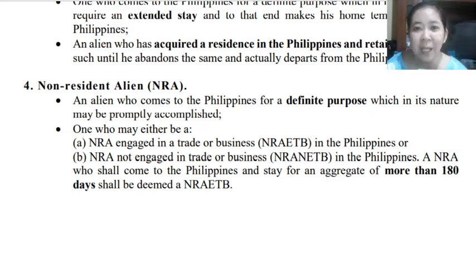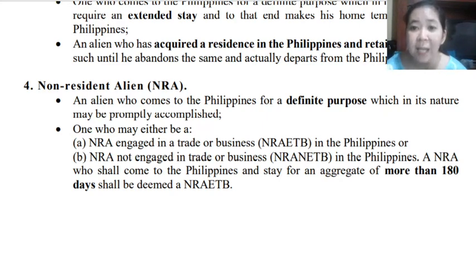Here, a non-resident alien who shall come to the Philippines and stay for an aggregate of more than 180 days, meaning a foreigner could be considered a non-resident alien not engaged in trade or business if he will stay in the Philippines for less than 180 days.